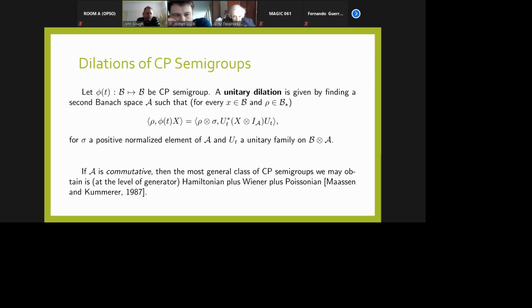And they showed effectively that what we've already looked at, the deterministic part, so Hamiltonian, the Wiener cases, and the Poisson case, which we've looked at, it's a combination of these that give you the most general class of generator if everything's classical. So that tells you that if we want the environment to be classical, and if we want dilations to be just stochastic dilations using commutative processes, we're restricted in the class of generator we can actually achieve.